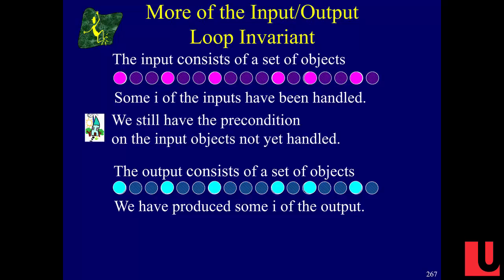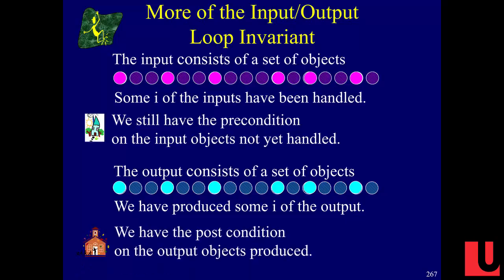We still say that for the people who haven't been given cake, there's enough cake out there that it's worth i over n. And then what do we know about the guys down here? The loop invariant is also going to say we've gotten the postcondition for the ones we produced already. These guys here have enough cake to be happy.